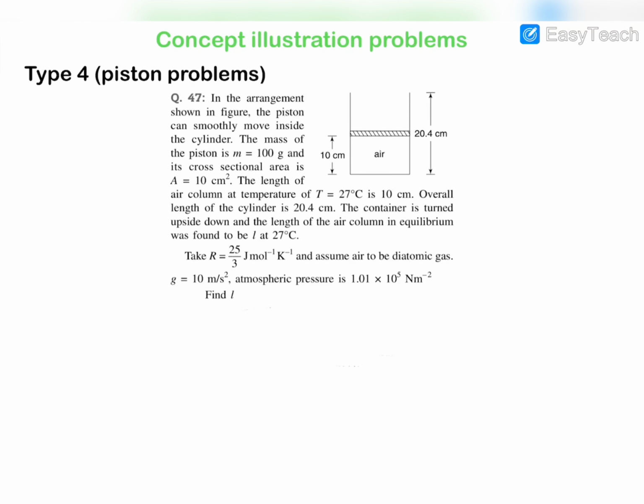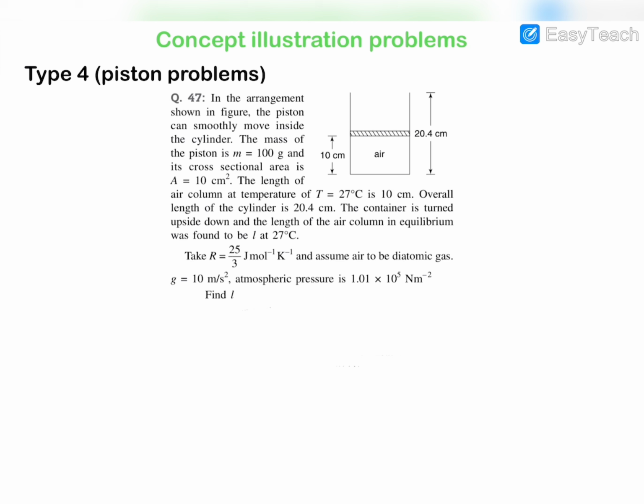In this question, you can see that there is an arrangement as shown in the figure. This piston can smoothly move inside the cylinder, and the mass of the piston is 100 grams. The cross-sectional area of the piston is 10 centimeter square, and the initial length of the air column is 10 centimeter.